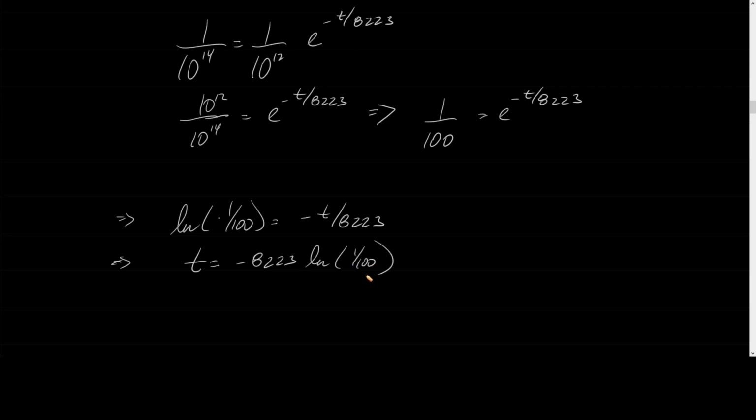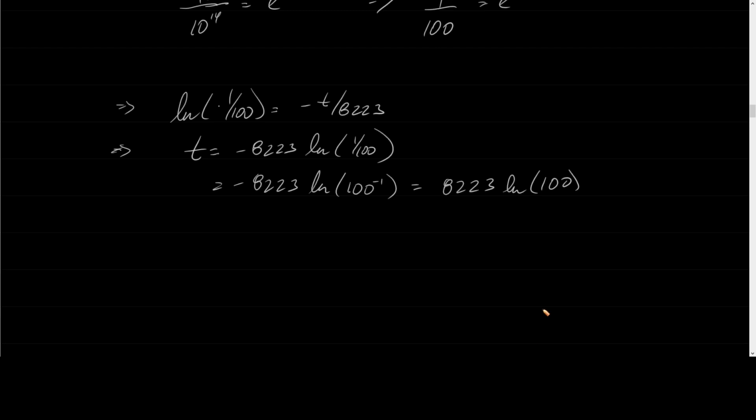All right. Now, from rules of exponents, from rules of logs, we can say, using the power rule, well, we end up with 100 to the negative 1, which equals here, bring this negative 1 to the front, 8,223 times ln of 100.